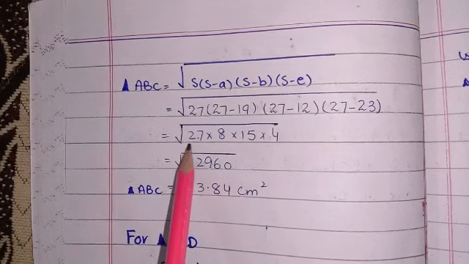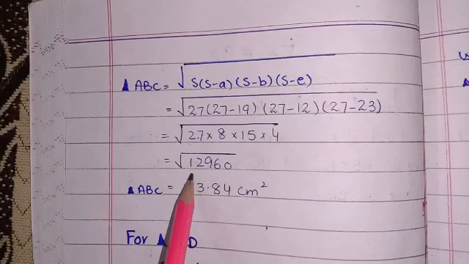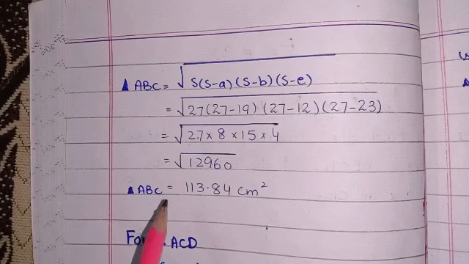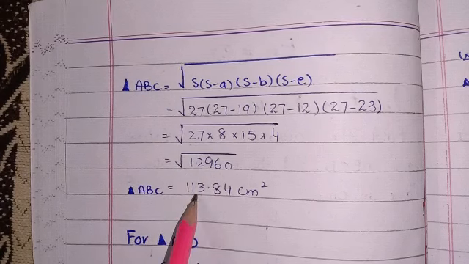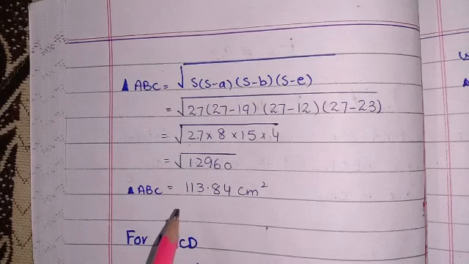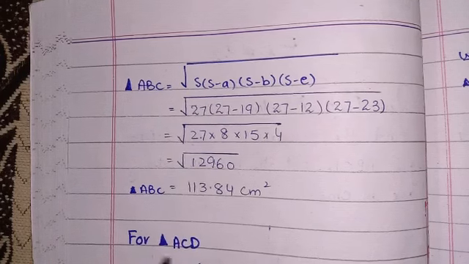When we multiply all these numbers we got 12960 within a square root. Now we take the square root of 12960, we got 113.84 centimeter square. I will show you the working of the square root at the end.